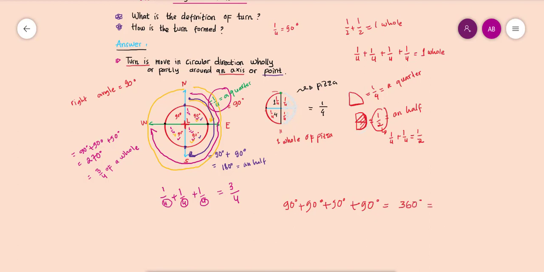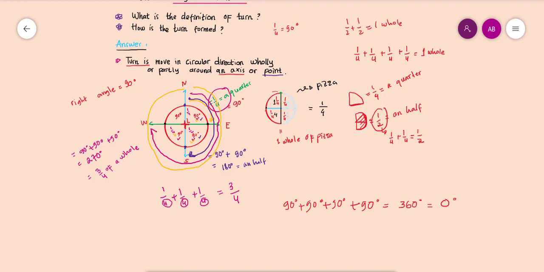Or it can also be called back to 0 degrees because it's the same from the first north and back to the north. That means one whole from 0 to 0, but 0 and 360 degrees are actually the same.